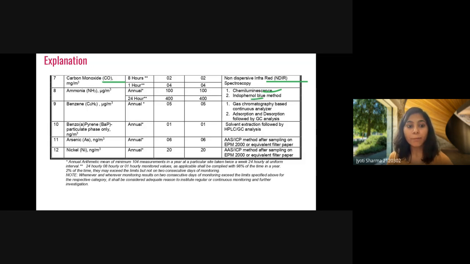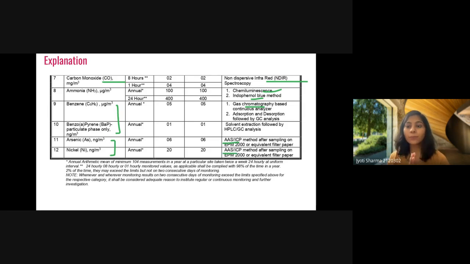For benzene, whenever we have an organic compound, chromatography is one of the methods by which we can measure organic compounds, for example benzene or benzopyrene. For arsenic and nickel, which are metals, it is mostly AAS, the method that we can use.